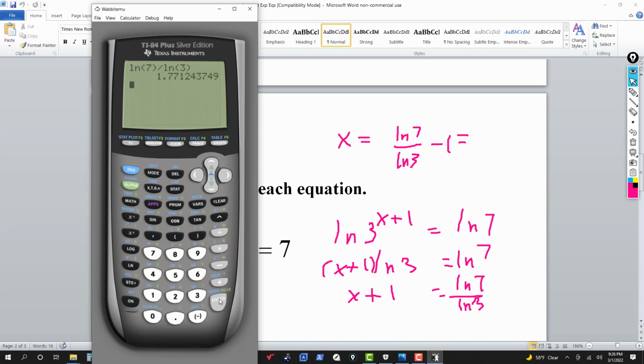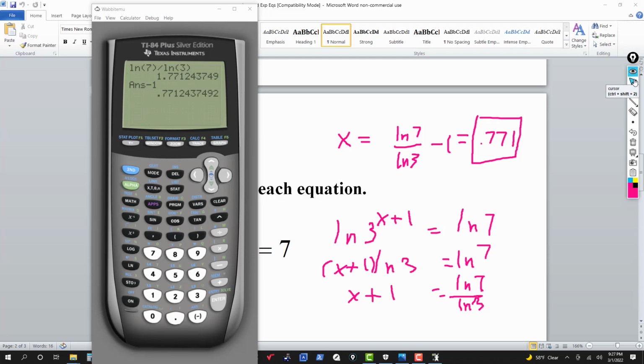Enter, read that calculator, and then we subtract 1. We run that out to 3 places, and we get that x is equal to 0.771. You can run out to 2 places, 0.77, but that's the answer to 3 places.